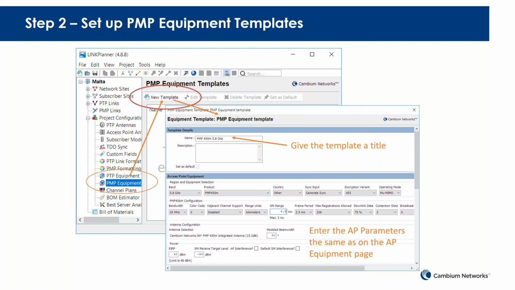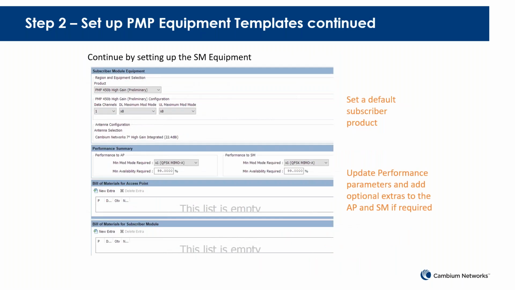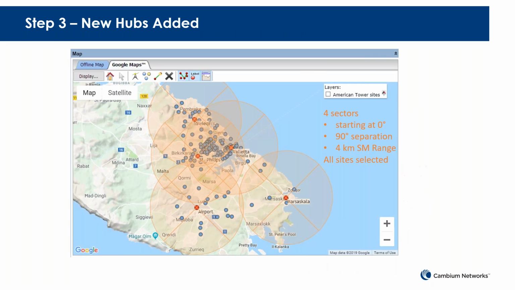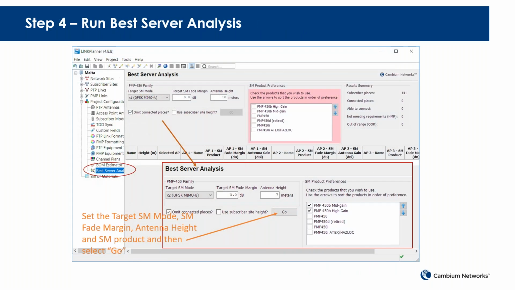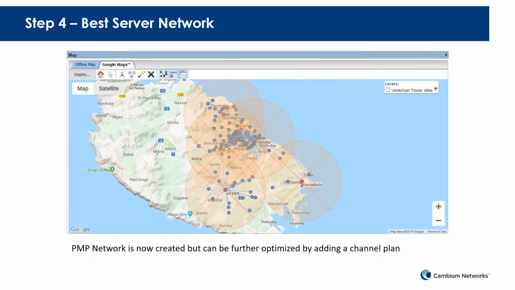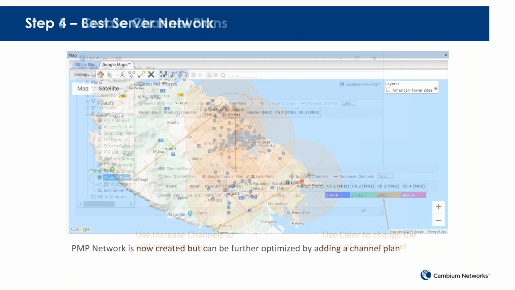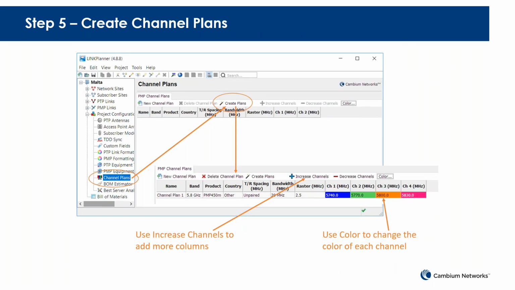And then we've got another question about if another company has a PMP network in the same area, is there a risk of poor performance if using the same channel? Yes, I'm afraid there is. What we don't have the capability to do in LINKPlanner is to take that into account unless you add those sites.